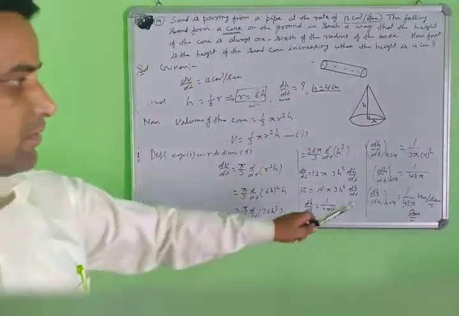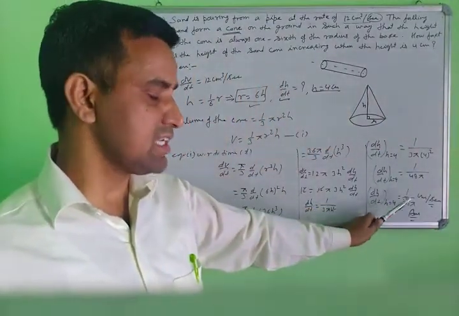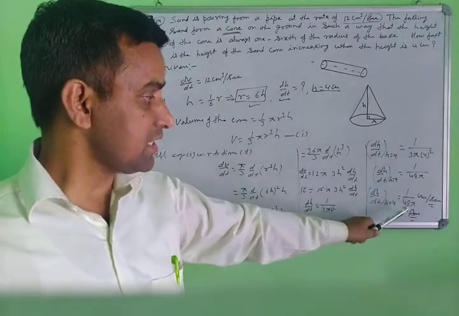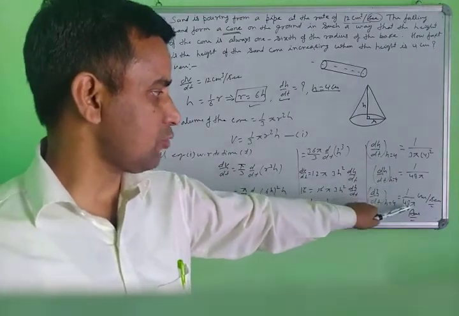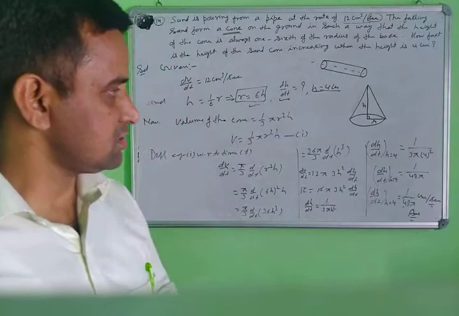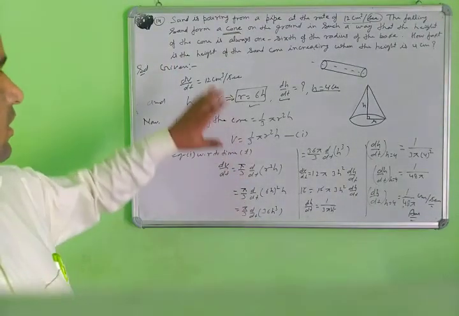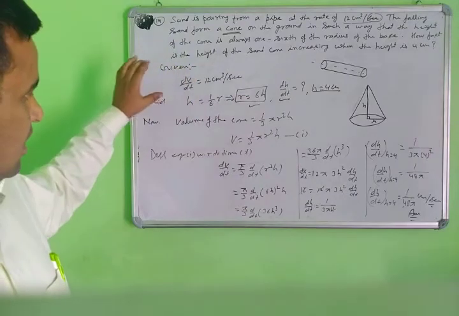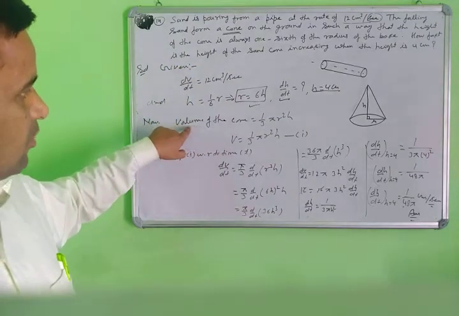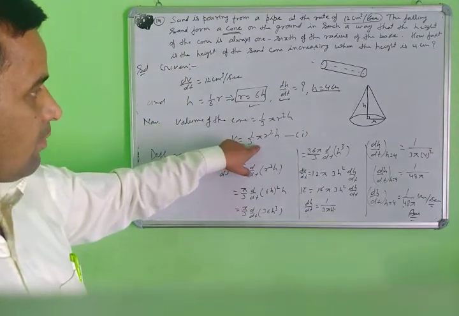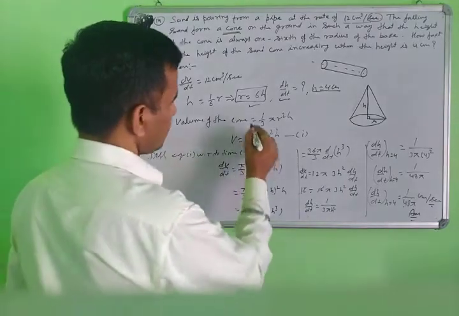You can write the answer here: hence the rate of increase of the height is 1 by 48 pi centimeter per second. This you note down. Very simple thing and important. First, write what is given, then write the volume of the cone formula.